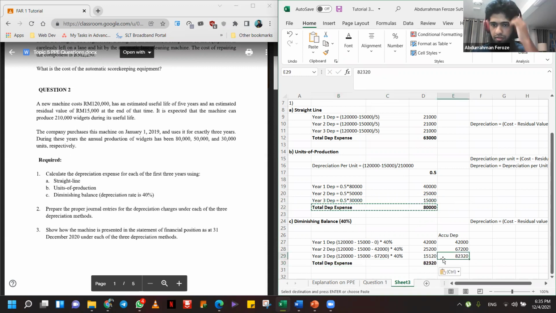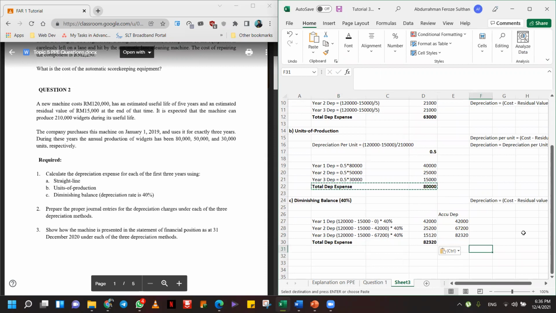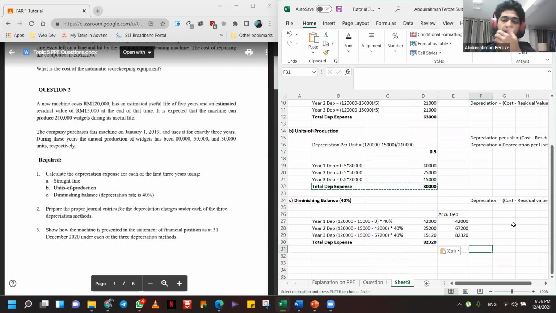Is it clear? You understood how this was done? How did you get the 42,000 and the 67,200? Accumulated depreciation is basically it adds up, right?